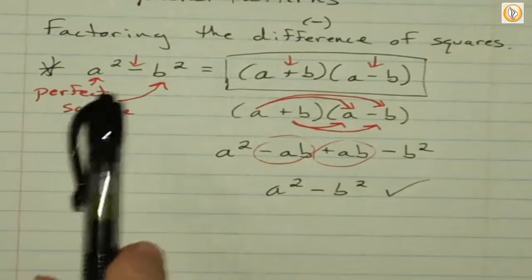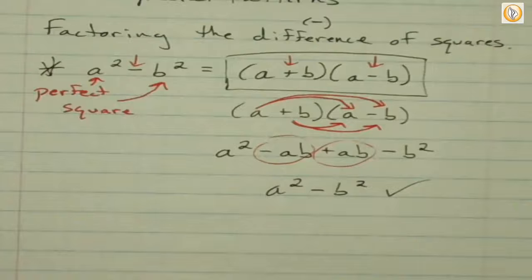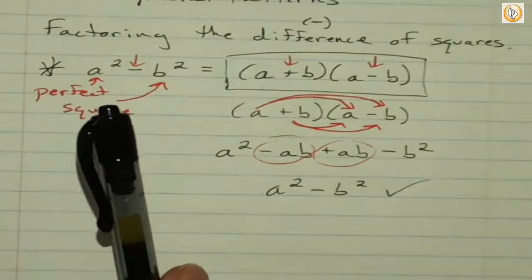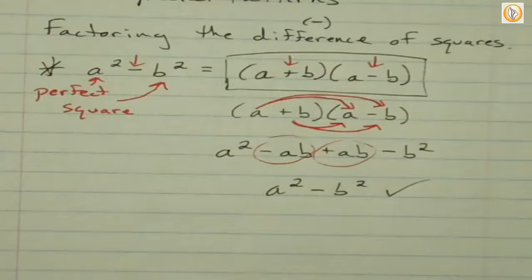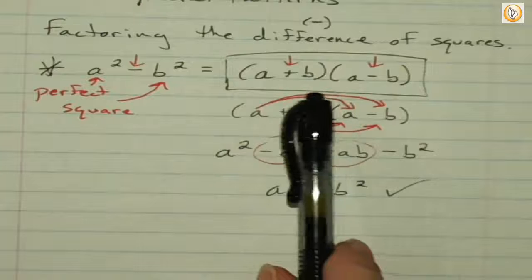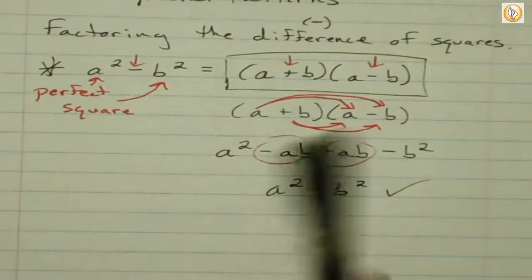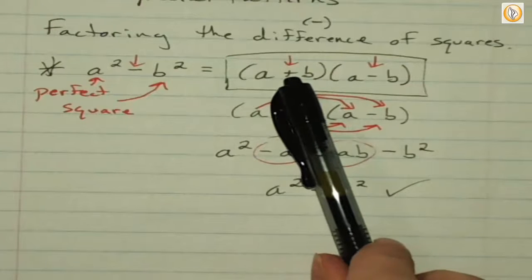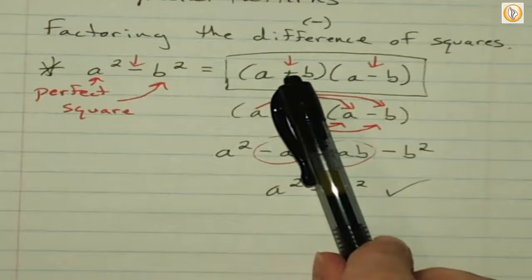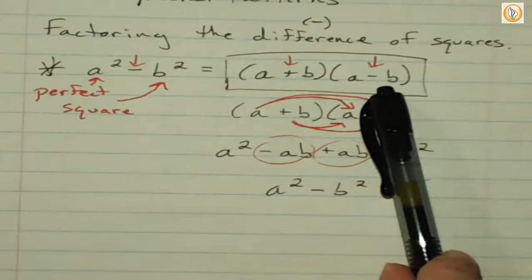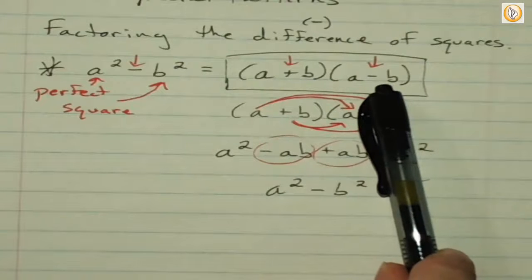So if you recognize this when you're given your problem, very little brain cells to be used, you just write it out like this. What you've got to remember is that one group will have a plus sign and one will have a minus sign. Okay?